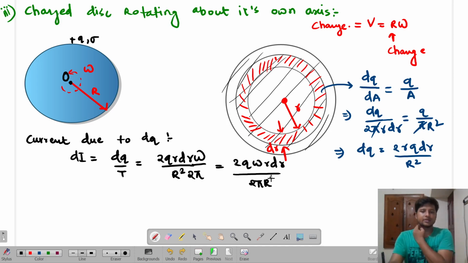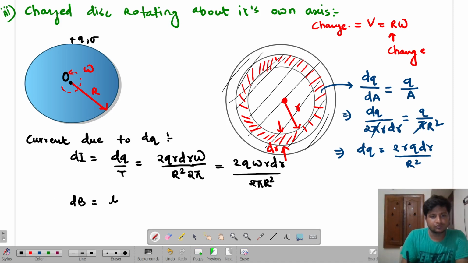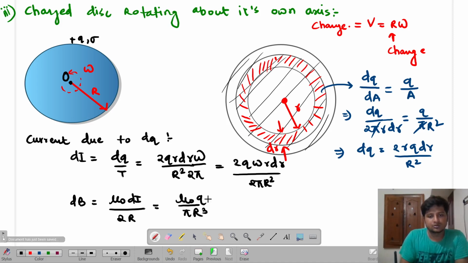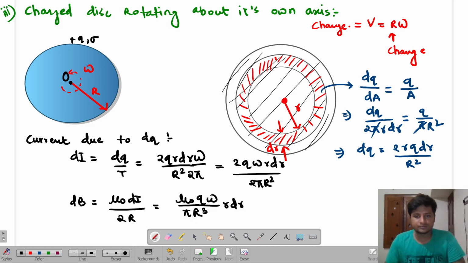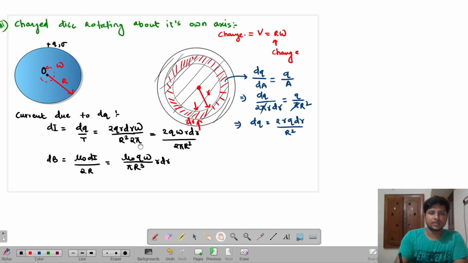So for this, I'll get a small magnetic field. I'll get dB, which is mu naught di by 2r. So what I got: 2 cancels, mu naught by pi R cube, q omega r dr. Now, to find the net magnetic field, I need to just do the integration.